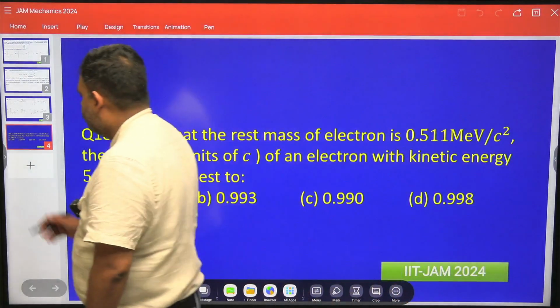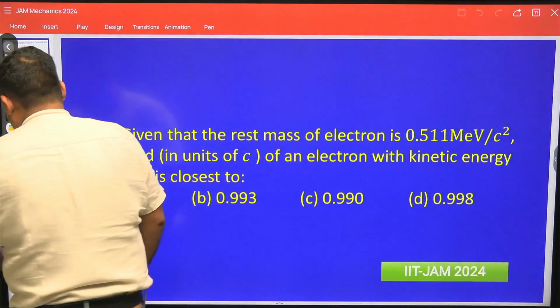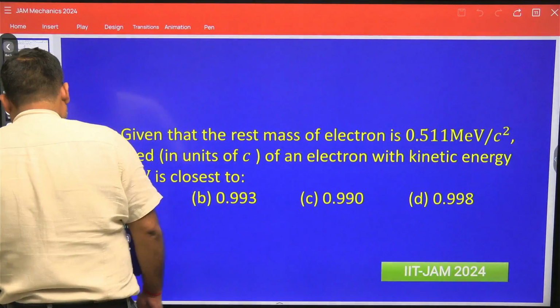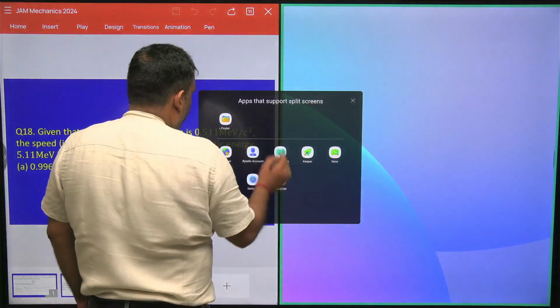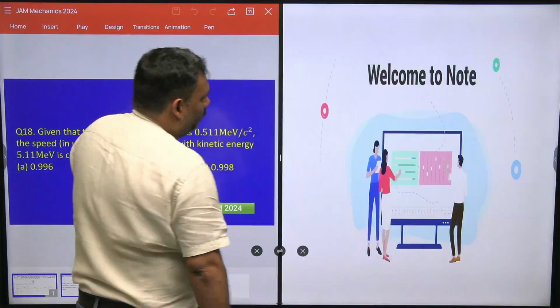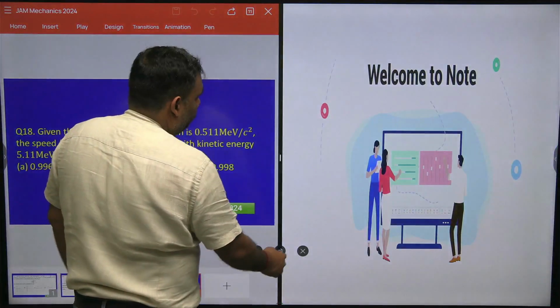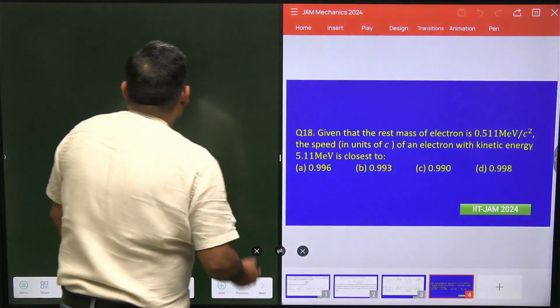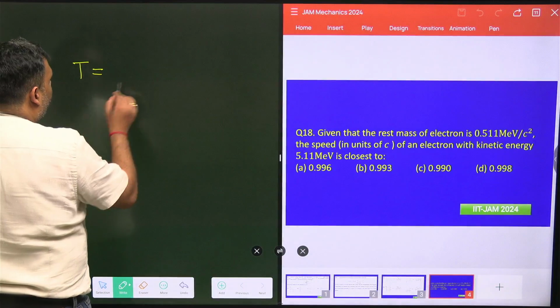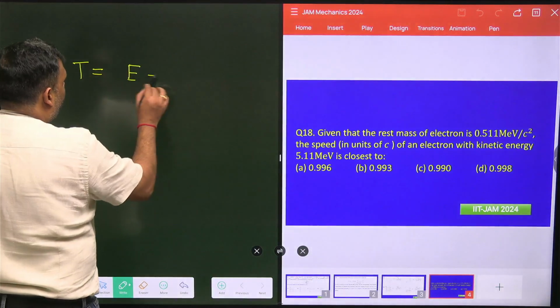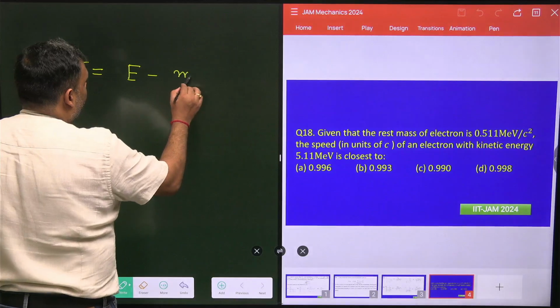So how will we approach it? This is a very straightforward formula based question, so we just have to use the formula. We all know that kinetic energy is given by total energy minus rest mass energy.